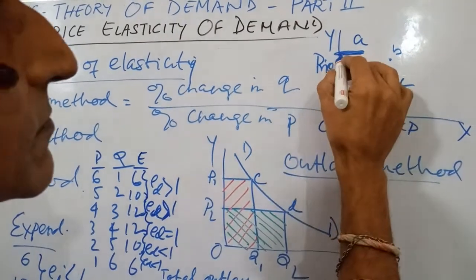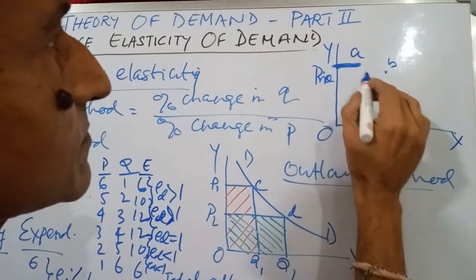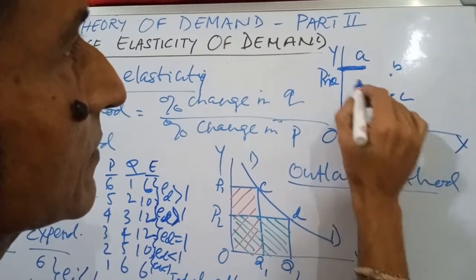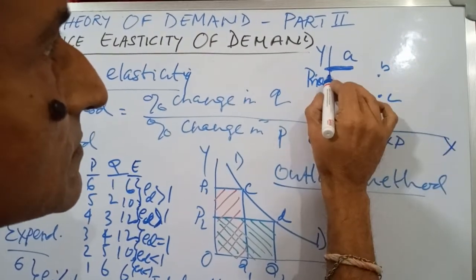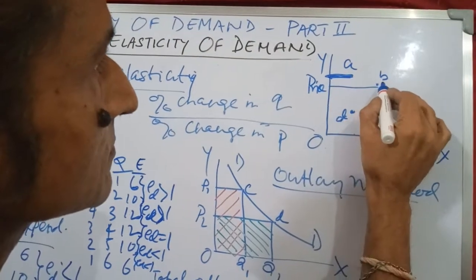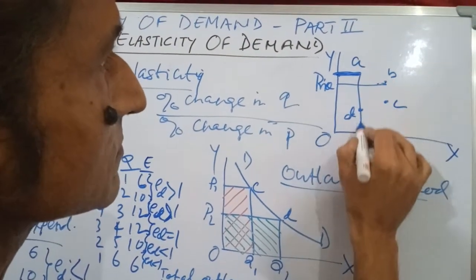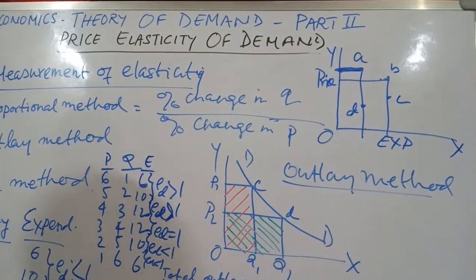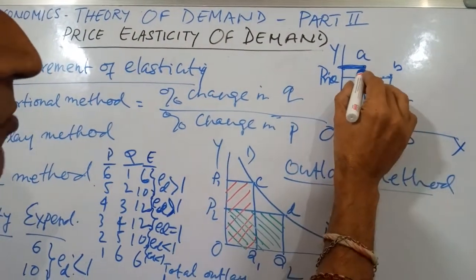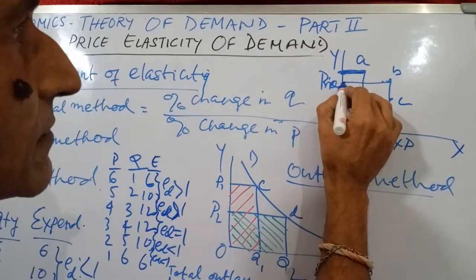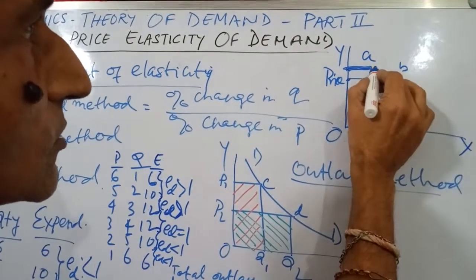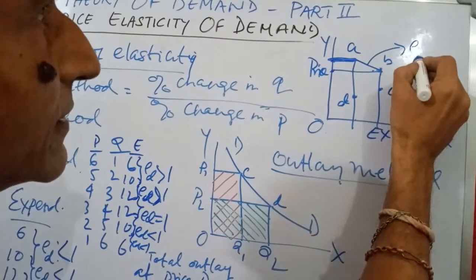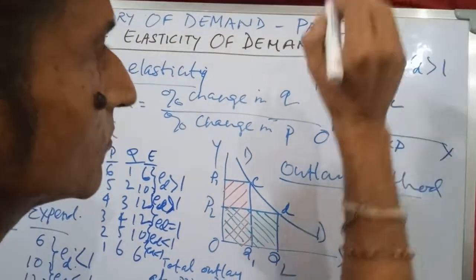As price, at this price, this is the quantity. As price falls, from here to here, expenditure increases. So A to B, elasticity is greater than 1.